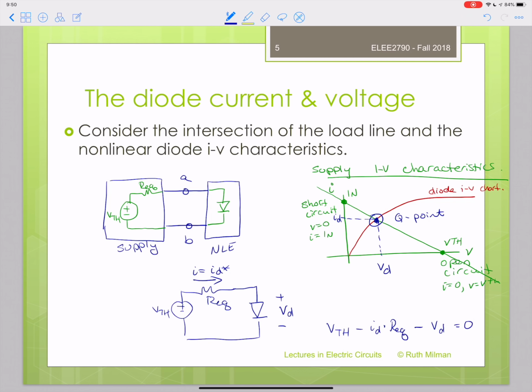So that'll tell us exactly what the drop is. Notice that that has to happen. This equation is going to work out specifically because we found the point of intersection in this graph, and that is the point that makes this equation work properly.